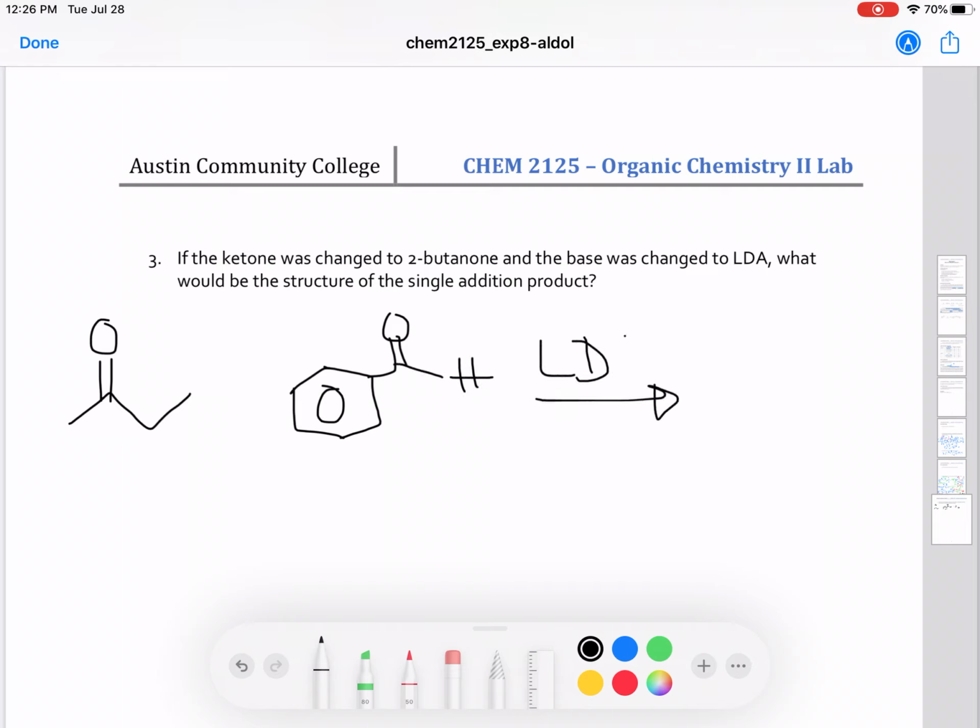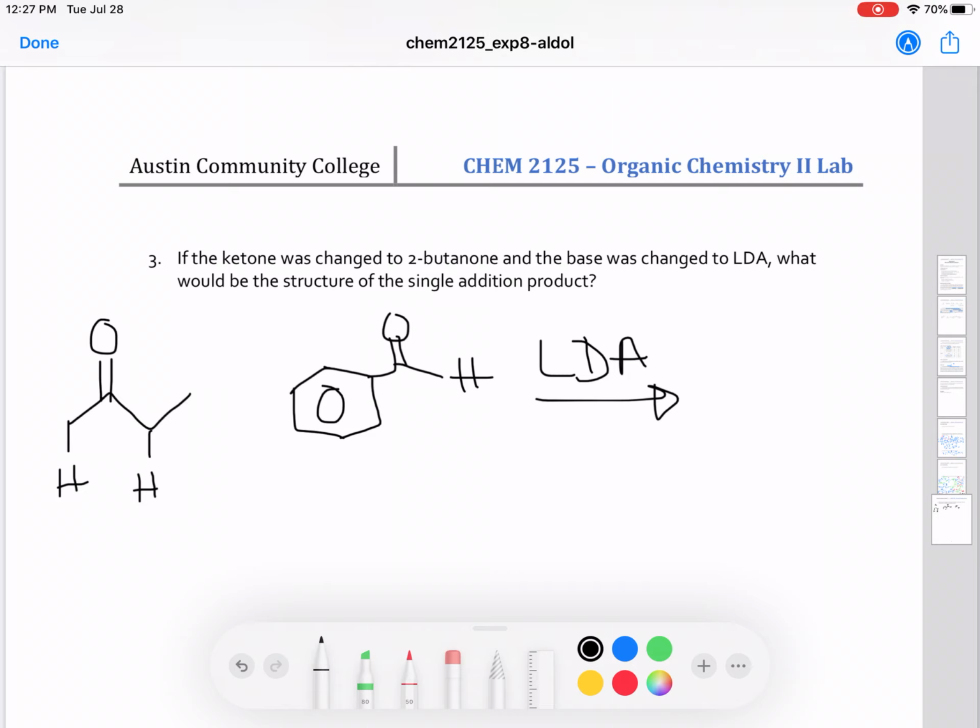LDA, remember LDA is lithium diisopropylamide, which is a pretty strong base, and at the same time it's a bulky base. So this is where we have our alpha hydrogens, right? There are 3 alpha hydrogens on one side and 2 on the other. So LDA being a bulky base, which hydrogen do you think it approaches more easily?